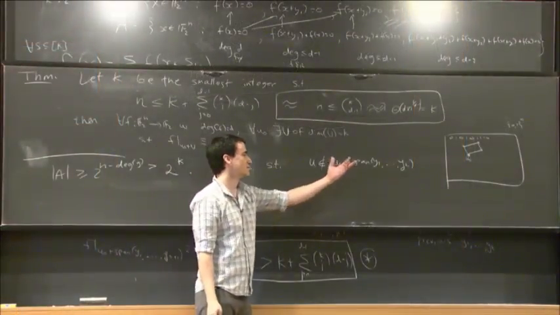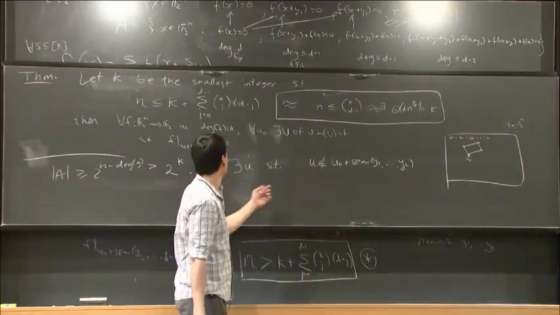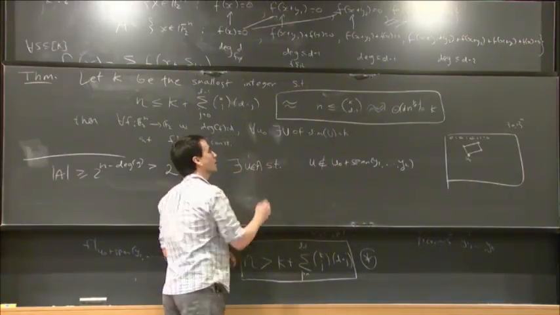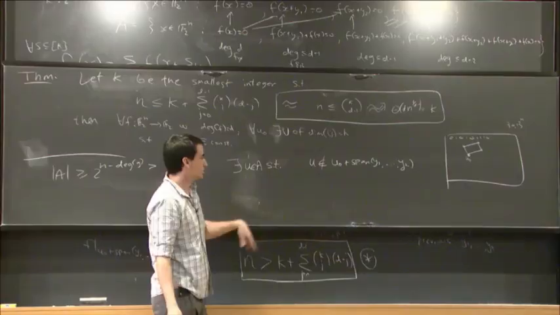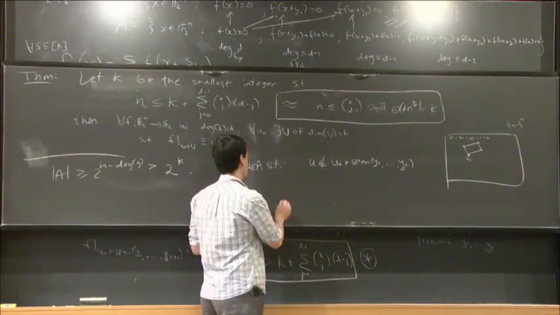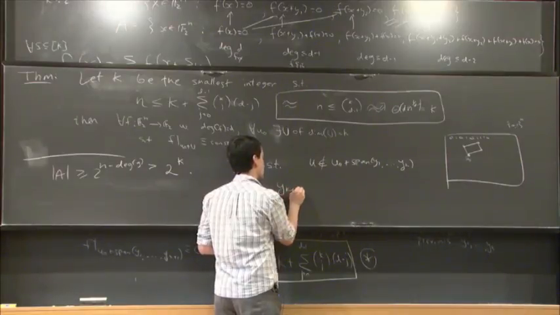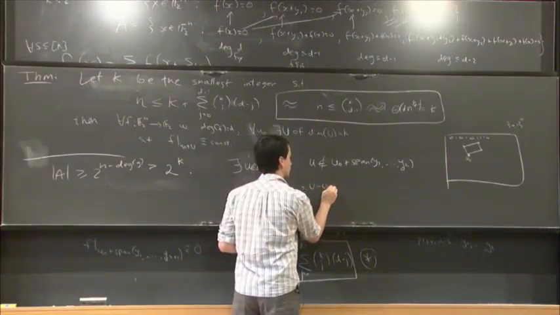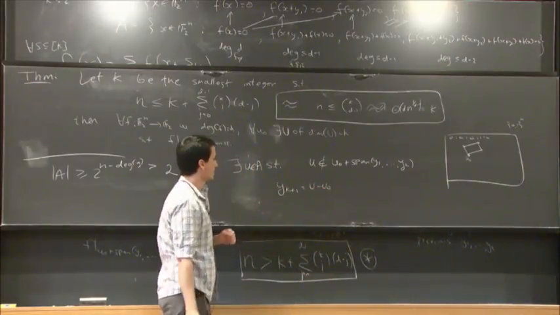Right? Because this is a set of size 2 to the k, and this is a set of size more than 2 to the k. Okay, so let's pick some u and take y k plus 1 to be u minus u0.